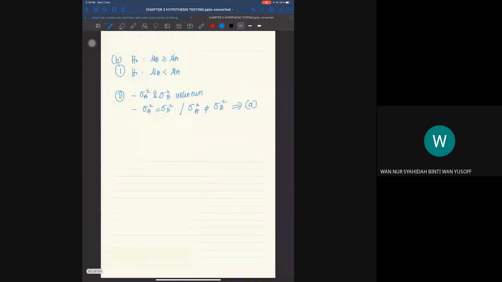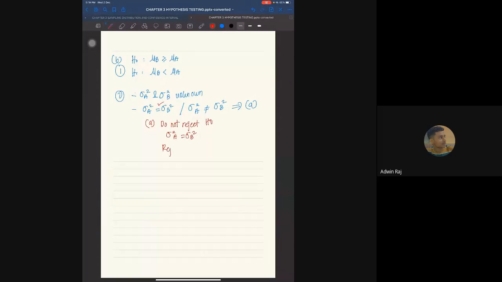So after you decide, based on the decision and conclusion, you will know. In A, if the decision is do not reject H0, which one do we use, equal or unequal? Equal. Sigma A equals sigma B, so we use this condition.